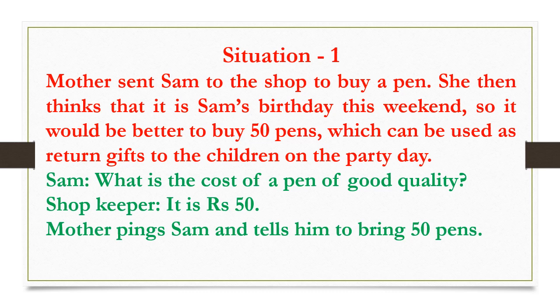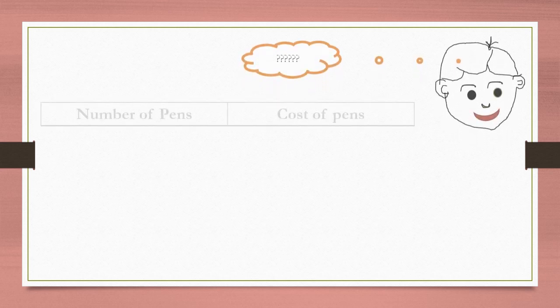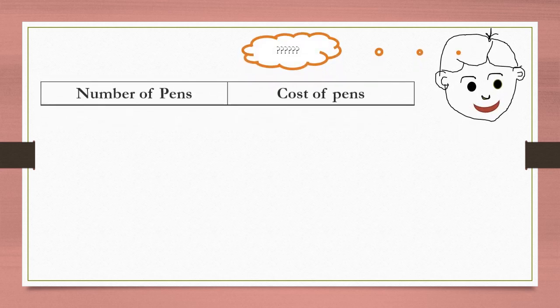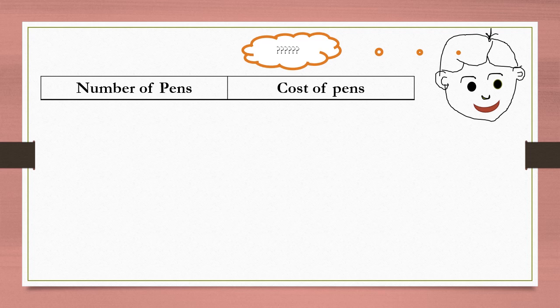Sam says, "What is the cost of a pen of good quality?" The shopkeeper says, "It is rupees 50." By then, mother pings Sam and tells him to bring 50 pens. Now see, Sam started thinking, one pen is rupees 50. Mother told me to bring 50 pens.